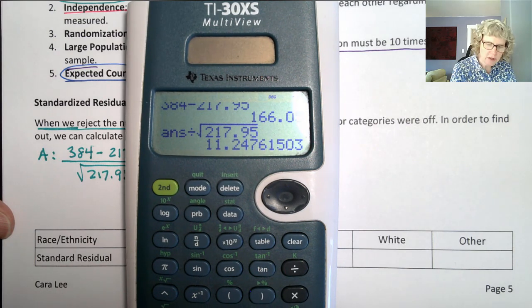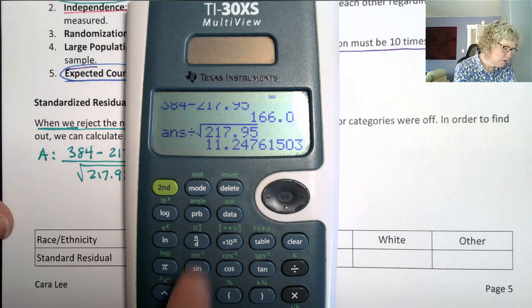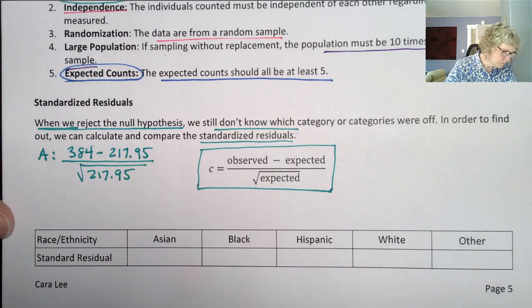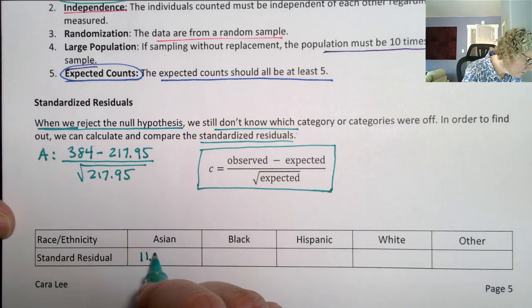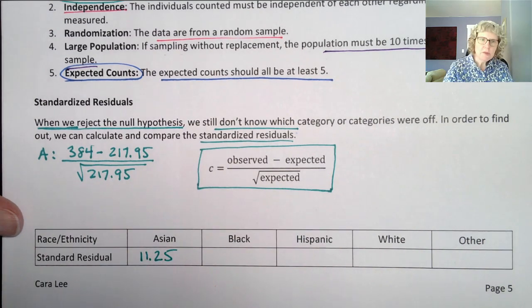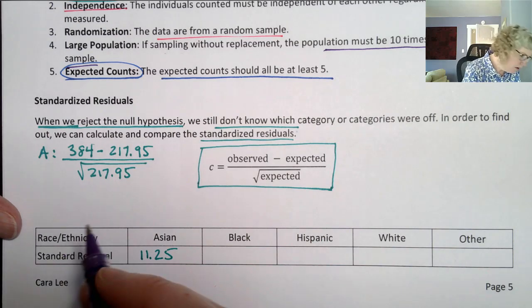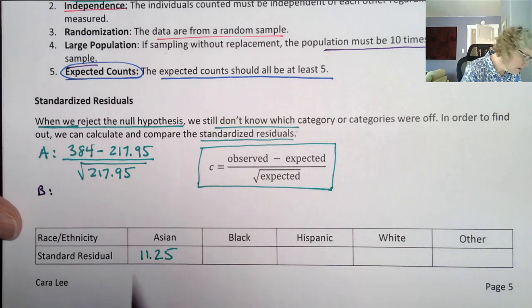Okay, and I get 11 point, I'm just going to do 2 digits for these, 11.25. Okay, you see how that works? Try the rest. You can pause this video, try them, and come back and double check.